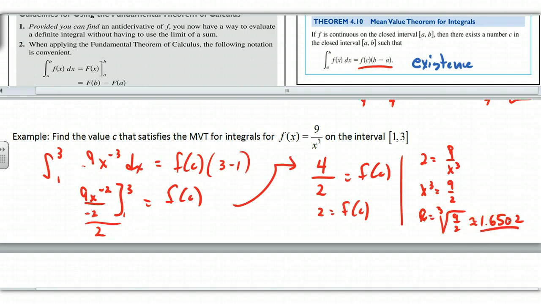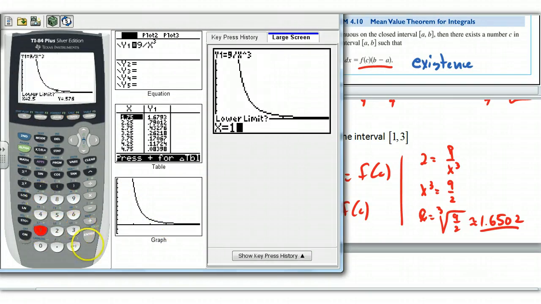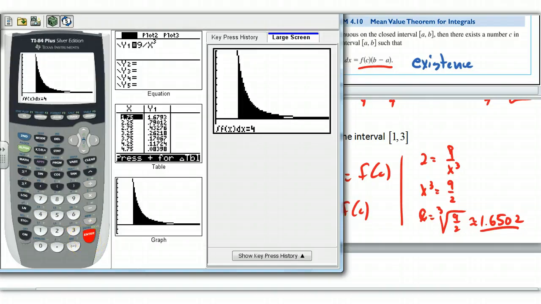Now graphically, what does this mean? So I'm going to graph this 9 over x cubed, and then I'm going to integrate and find the area. So 1, 2, 3. And when I do that, that gives me the area of 4, which is what we found in our problem over here. Now I need to divide that by 2 because that would be the length of my interval. What I'm trying to do is find out what height would give me my average. It's not 4 up here, but it's going to be 2 down here because I divide it by 2.